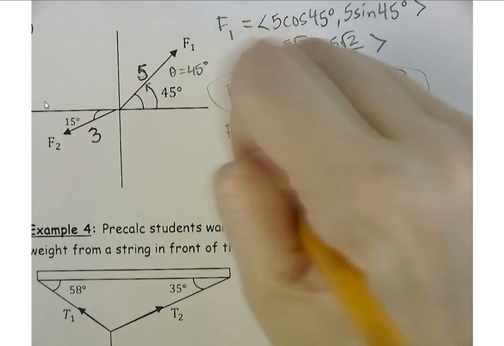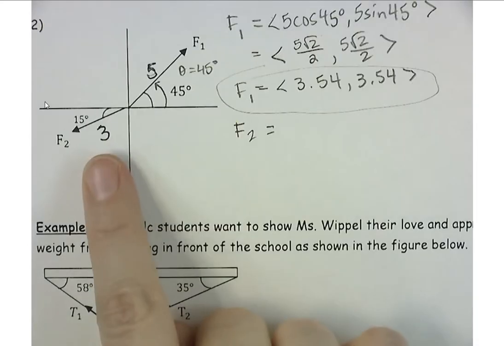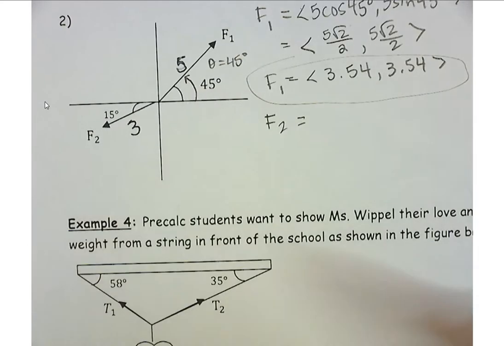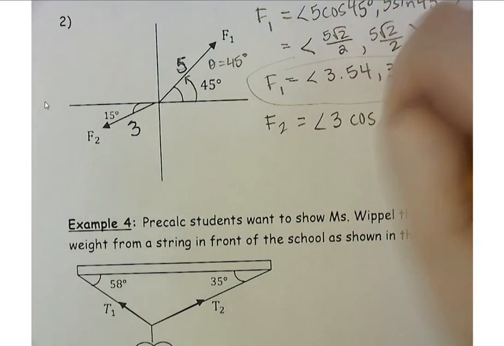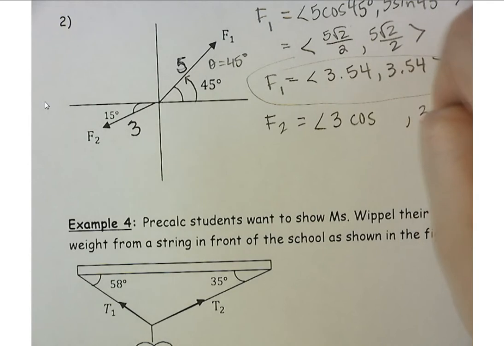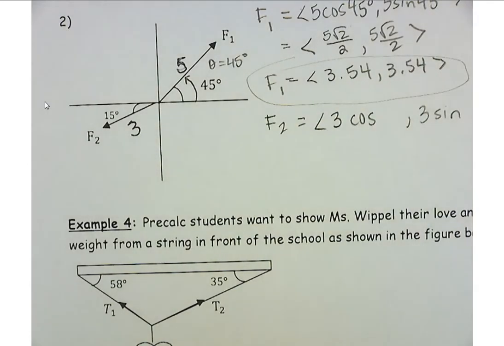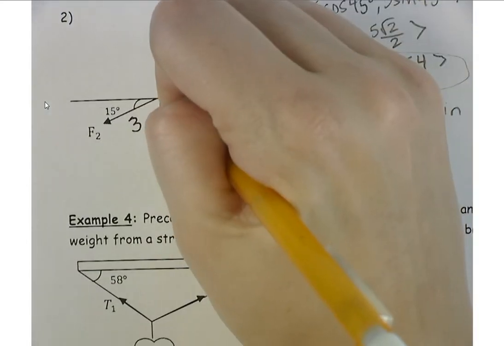Now we're going to do F sub 2. So the magnitude of F sub 2 is going to be 3. What do we think the angle is going to be? 195. Okay, so you have to start at 0, right? And go all the way here.